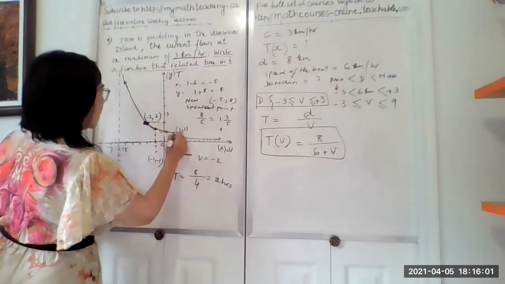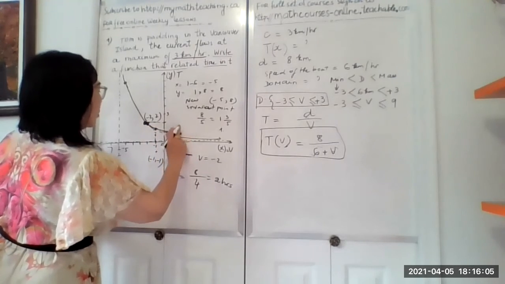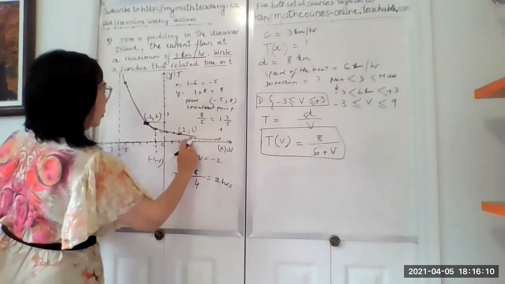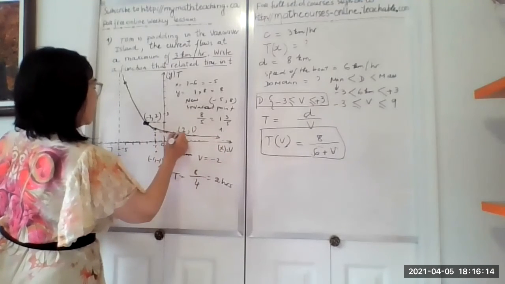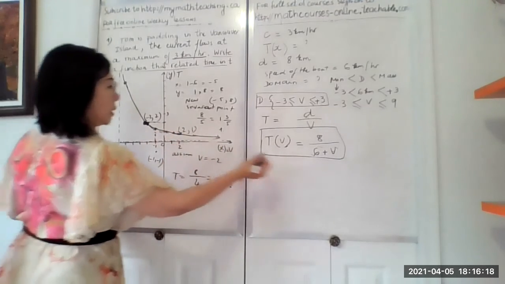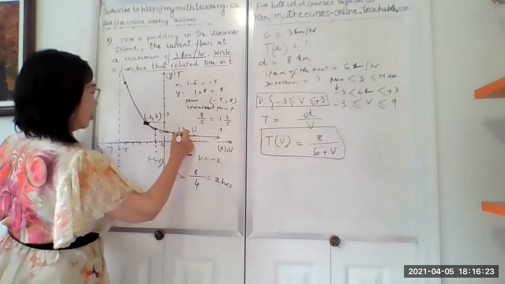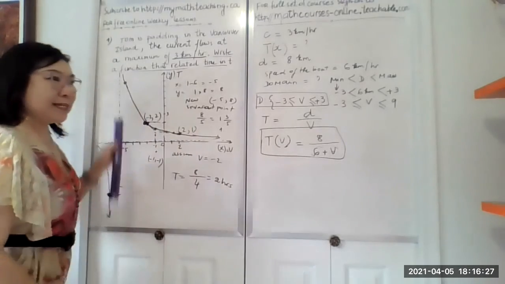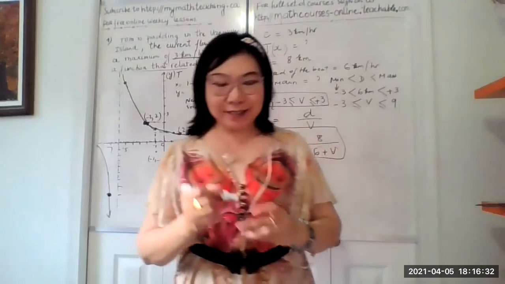So it goes somewhere like this. 2 and 1. And the graph should look shaped like this. So that's how we get the graph and we interpret it, right? If v is 2, 6 plus 2 is 8, and 8 divided by 8 is 1. So it's right here, 2 for x and 1 for y. So that's how we sketch and interpret the graph, and it looks to be all right.